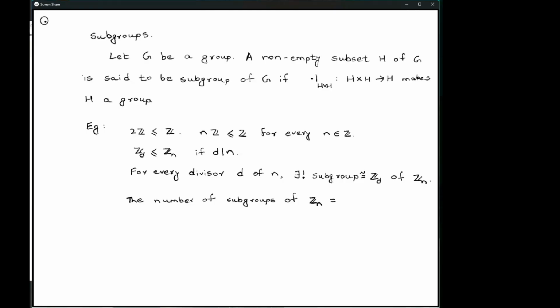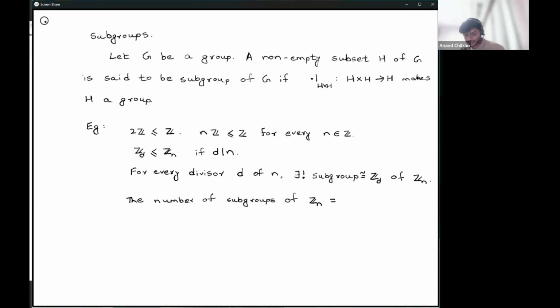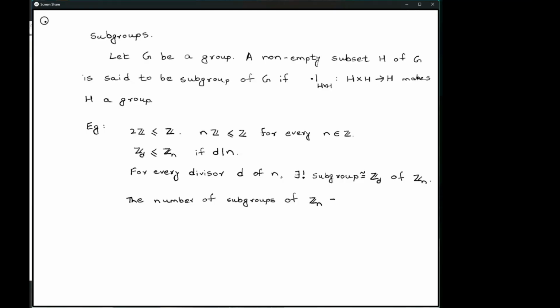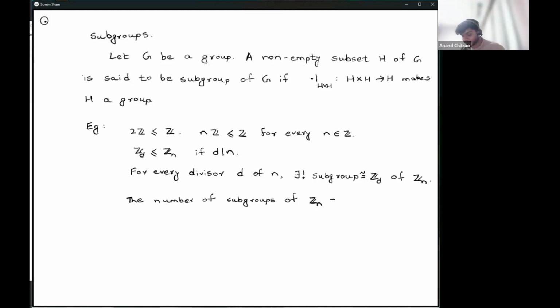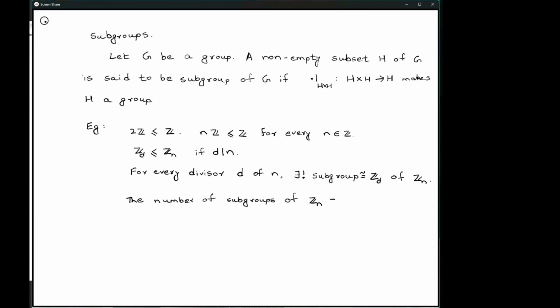Phi of n? No. Tau of n, the number of positive divisors of n. Yes, exactly, the number of positive divisors of n, but what's the formula? So first of all, we factorize the number and then we take the power of all the natural numbers.